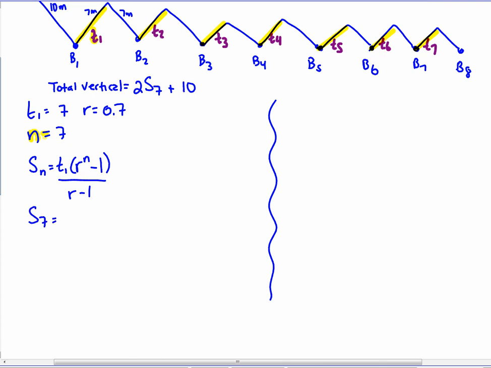Okay, so we're going to start by finding the sum of the first 7 terms. Term 1 is 7, was our first term we made, times 0.7 to the power of 7, lots of 7s here, minus 1, all over 0.7 minus 1. And again, you need to put those brackets in your calculator when you sub that in.